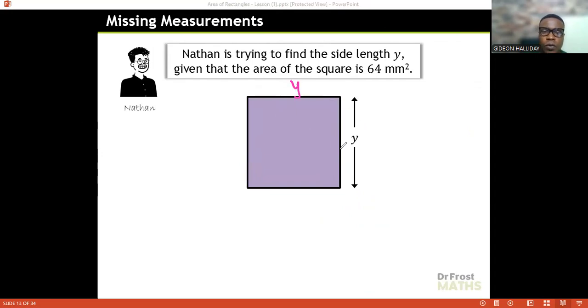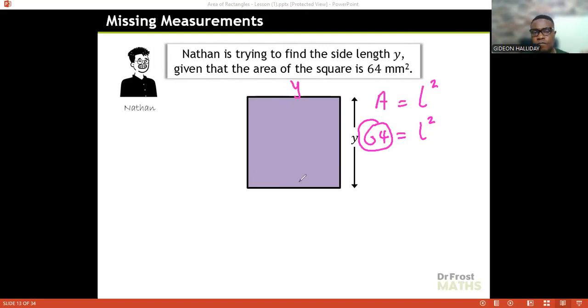We already know that the area of a square is L squared, that's L times L. So 64 equals L squared. What can you multiply by itself to give us 64?